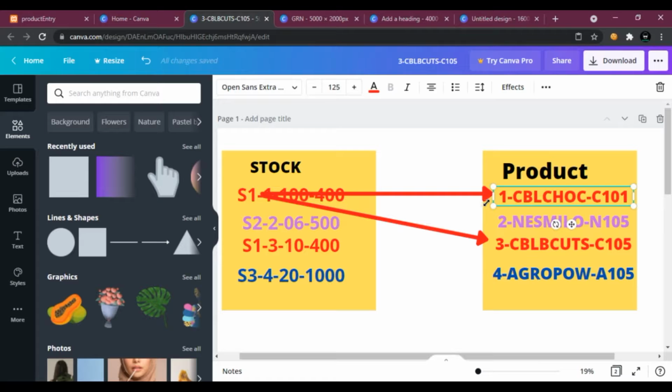cannot be contained in multiple stocks because it would be a big mess.